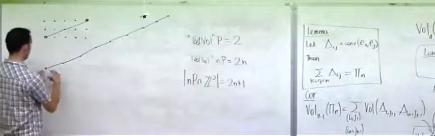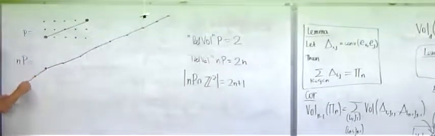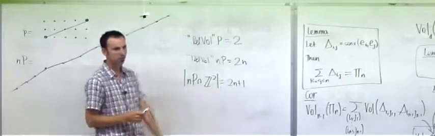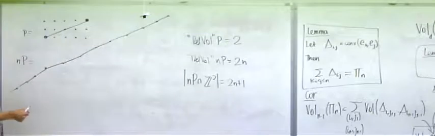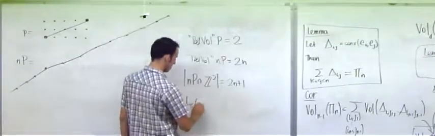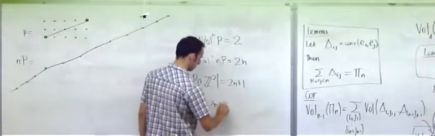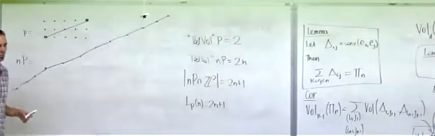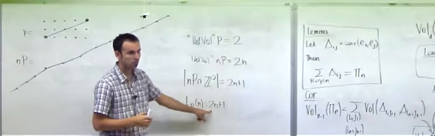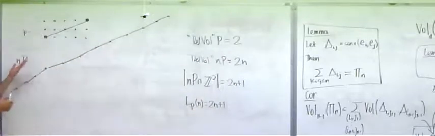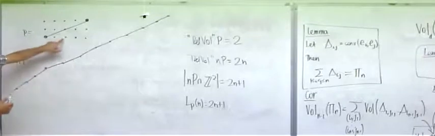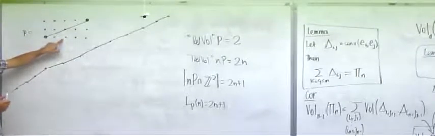The point being that every time I put another copy of P, I get 2 more points. Okay? So what's the point that I'm trying to make? This is the Ehrhart polynomial, right? The Ehrhart polynomial of the polytope is 2n plus 1. And I made this statement to you guys, and you believed it, that the leading coefficient was the volume. But actually, the leading coefficient is this careless volume, and not the real volume, which you might argue is 2 square root of 5.